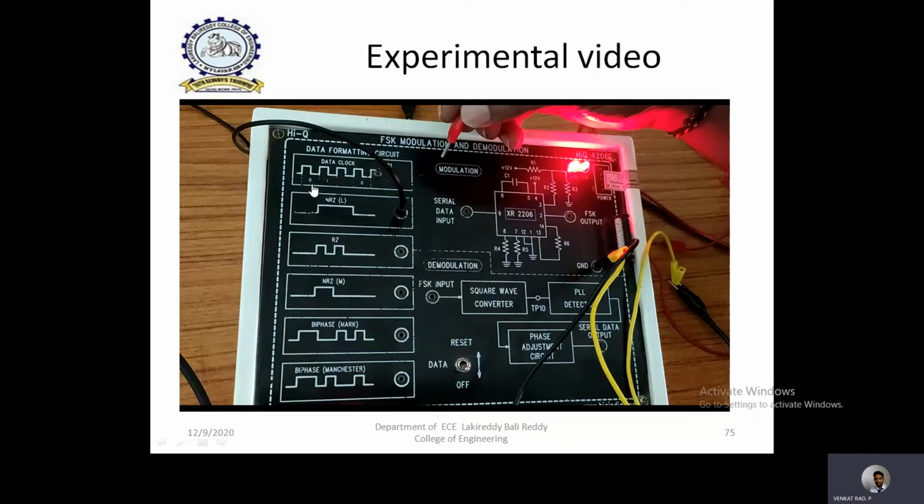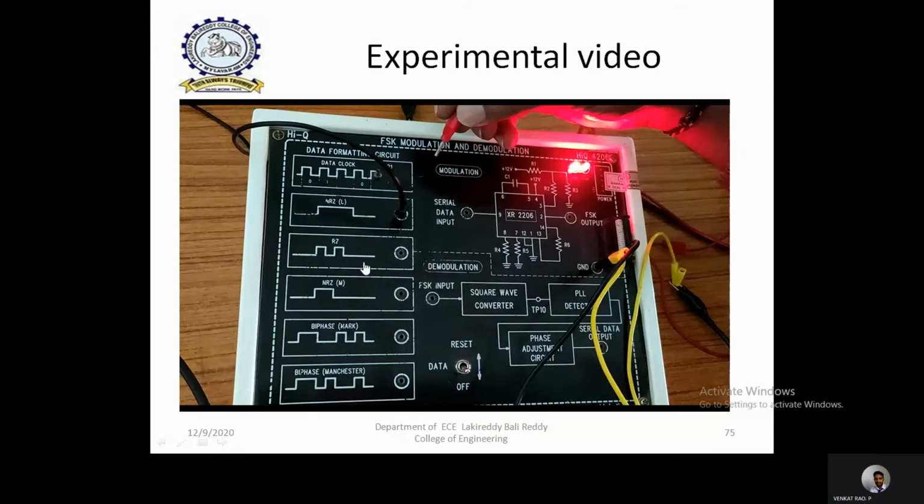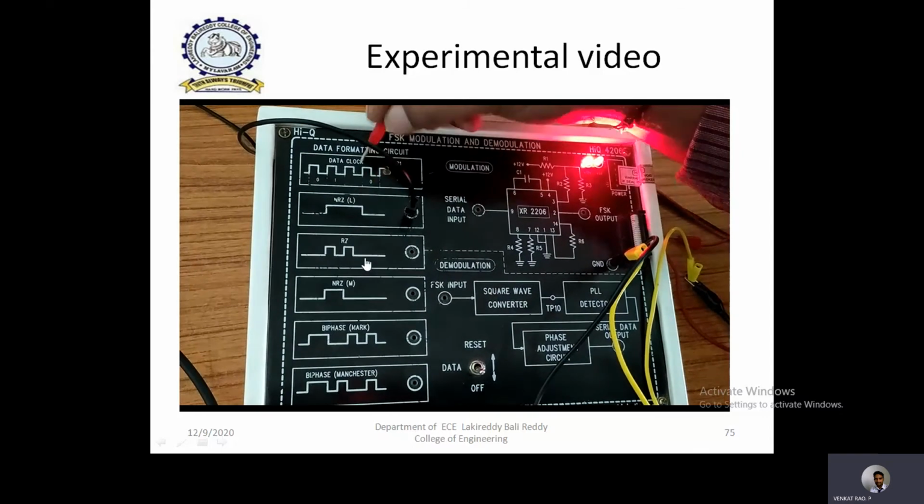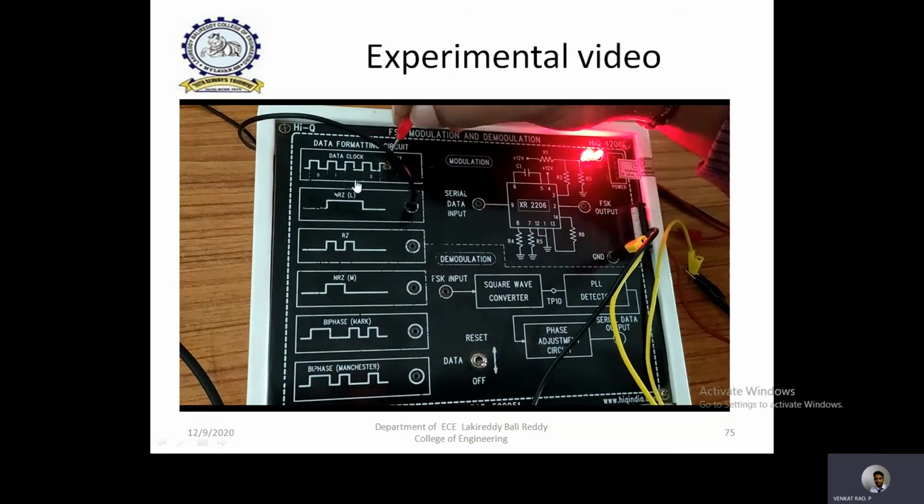For example, if the input is 0, 1, 1, 0, then that 0, 1, 1, 0 is applied here. From this also the same 0, 1, 1, 0 is applied. From this also the same 0, 1, 1, 0 is applied. But the way the binary sequence is represented is different in different line coding techniques. So all of you keep that in mind. Now let us compare the input with the clock.